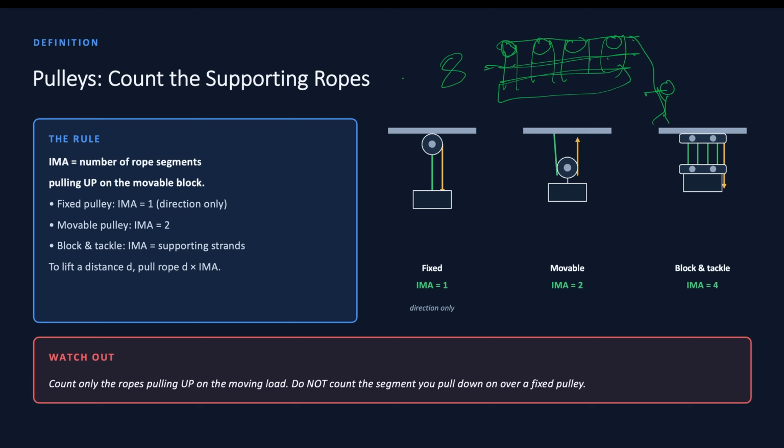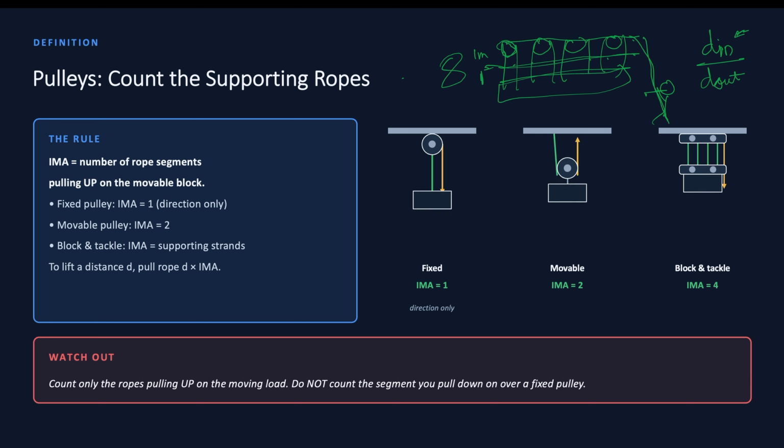The number of ropes in a pulley is the ideal mechanical advantage, because if you remember, that's distance in over distance out, right? You have to pull in a greater distance than you put out. The distance out would just pull you up like 1 meter.